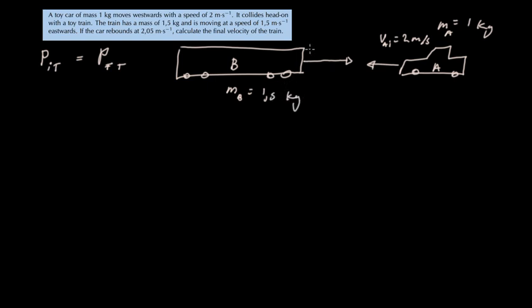The velocity of it, or initial velocity of object B, equals 1.5. So after collision, object B will be having 2.05 eastwards.